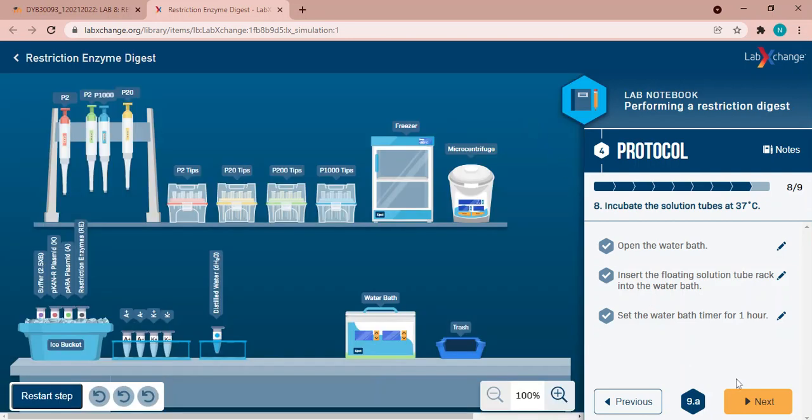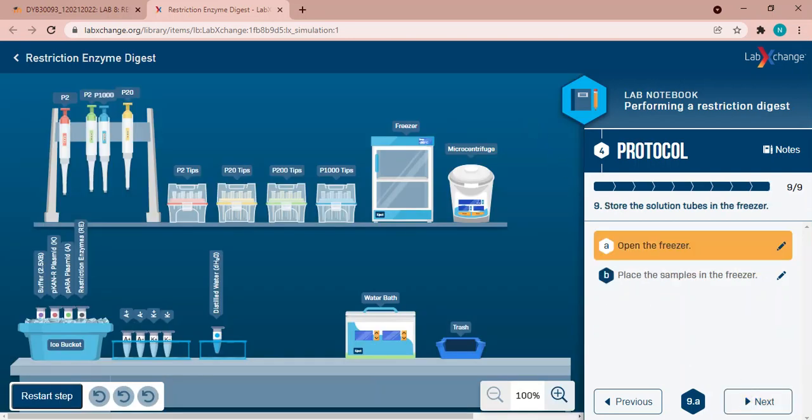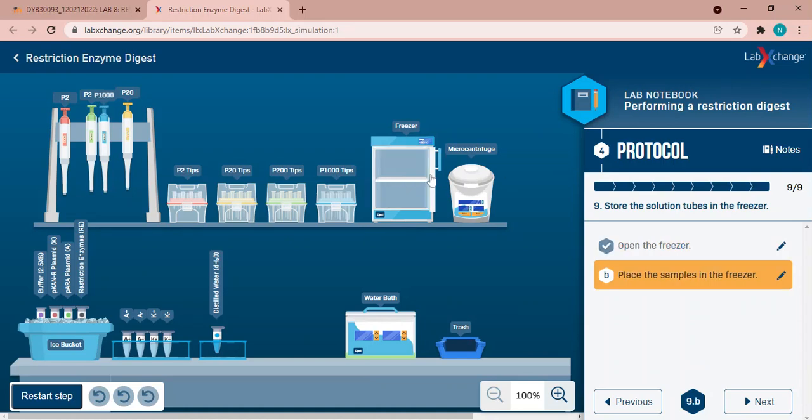Okay, done. So next, store the solution tubes in the freezer. First, open the freezer. Next, place the samples in the freezer. So first, insert the floating tube rack into the freezer. Okay.